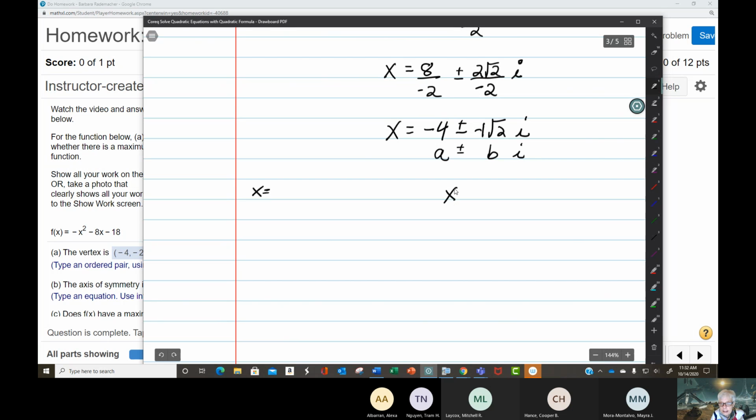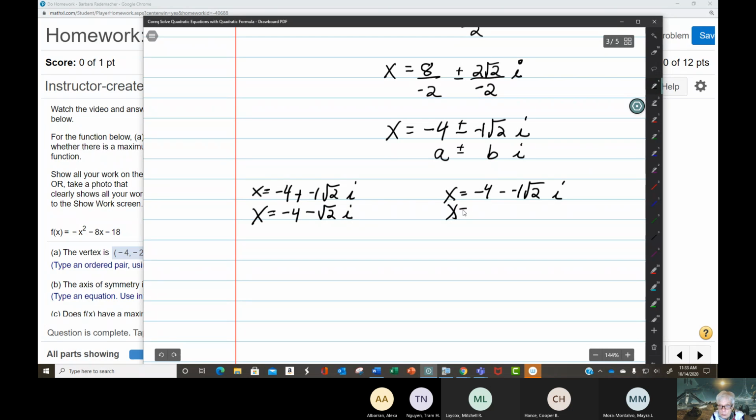Okay, now x is going to equal two numbers because of that plus minus. x equals negative 4 plus negative 1 times the square root of 2i. And x equals negative 4 minus negative 1 times the square root of 2i. And so I'm still busy prettying this up. x equals negative 4 plus minus is minus, so minus the square root of 2i.